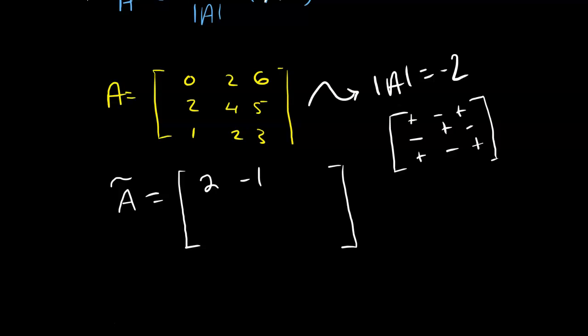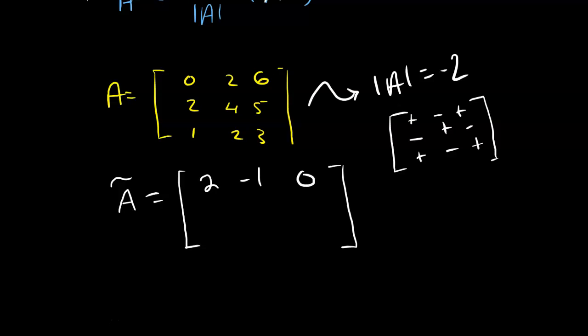So I get 1, but I'm taking the negative version of it because it's in this second spot that corresponds to this position. And then we continue. So the next spot, top right, will be the determinant of that smaller 2 by 2 matrix, which is 2 multiplied by 2, and subtract 1 multiplied by 4. So we get a 0 in the top right. And we continue this on.